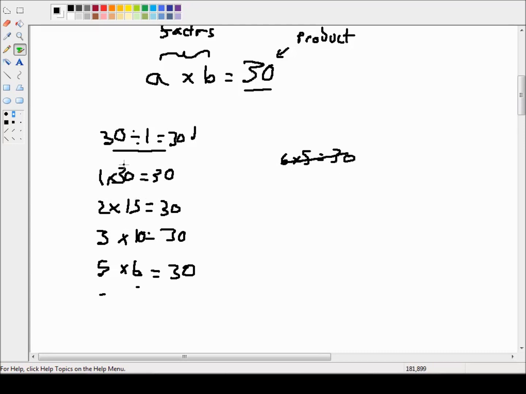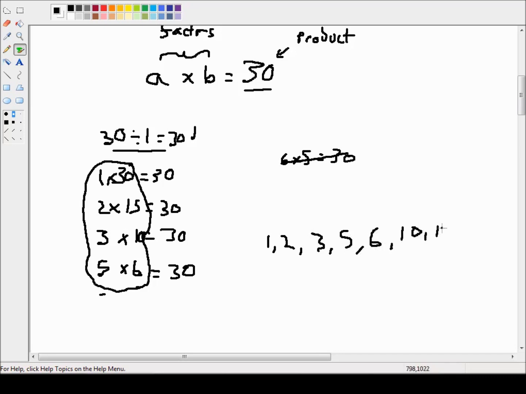We have our whole list of factors right here, which are 1, 2, 3, 5, 6, 10, 15 and 30. And that is the answer to part A.